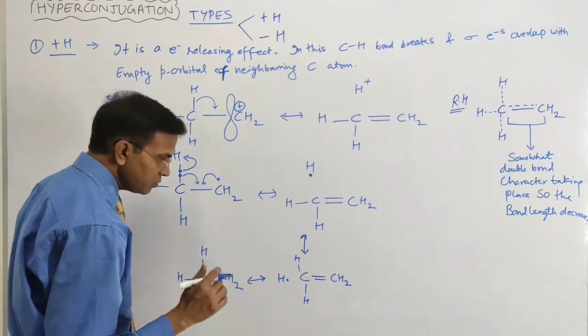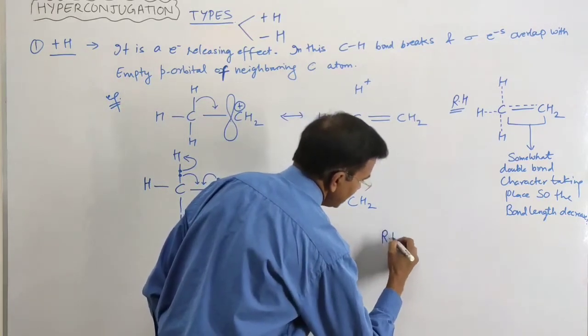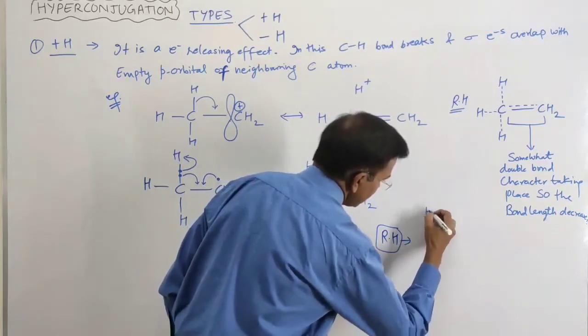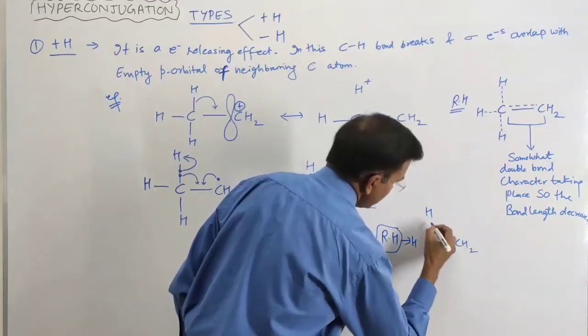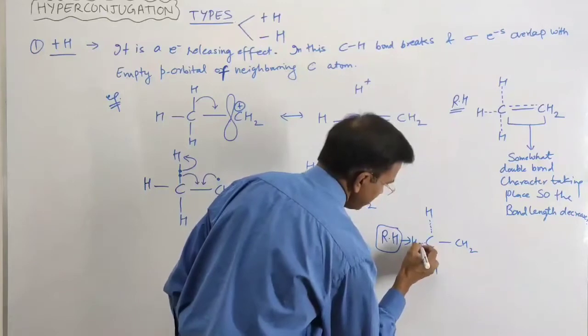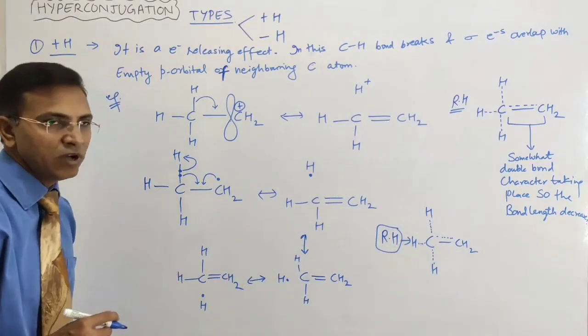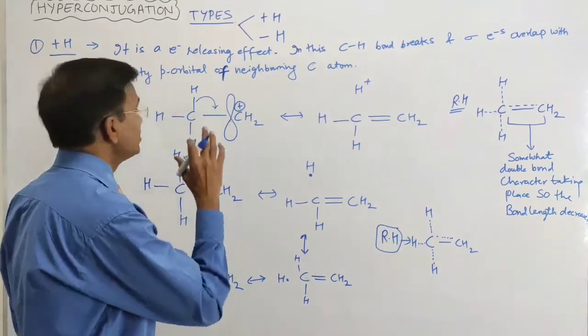So the resonance hybrid of this will be C, H, H, H, CH2, with bond breaking and formation taking place. So this is the resonance hybrid of the given species. So this is the plus H effect.